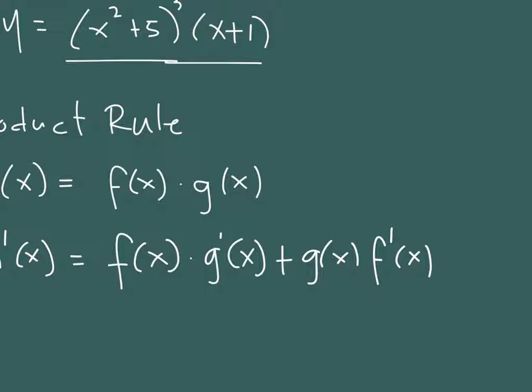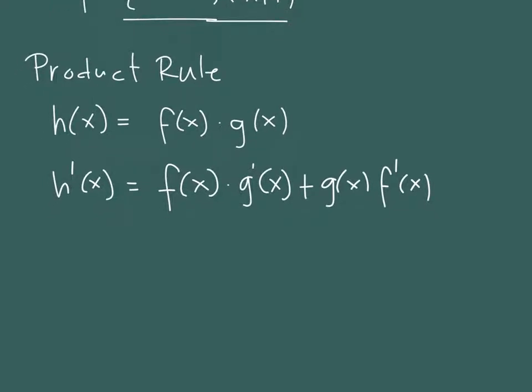In this course, we will not prove that anymore. That's for the advanced course. But we have the rule f of x times g prime of x plus g of x times f prime of x. Meaning to say, copy the first, differentiate the second, plus copy the second, differentiate the first.